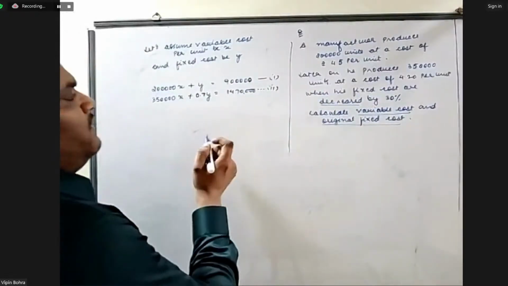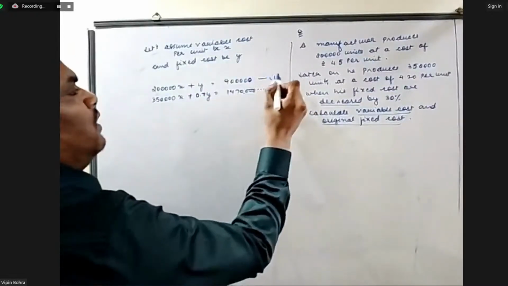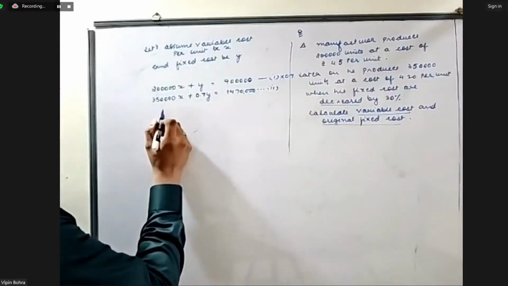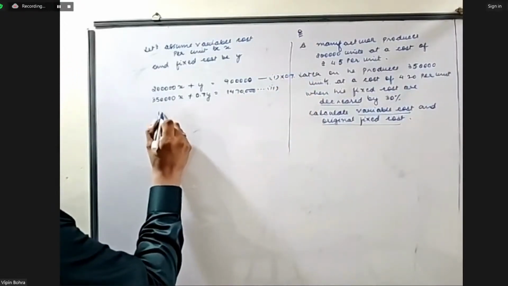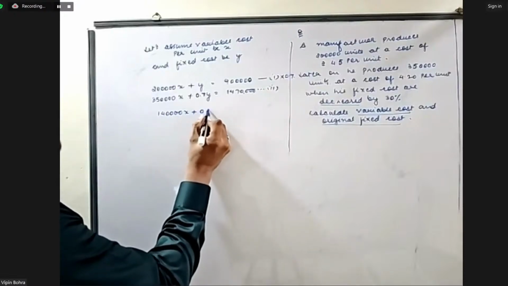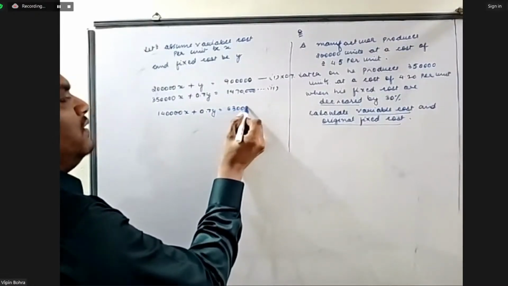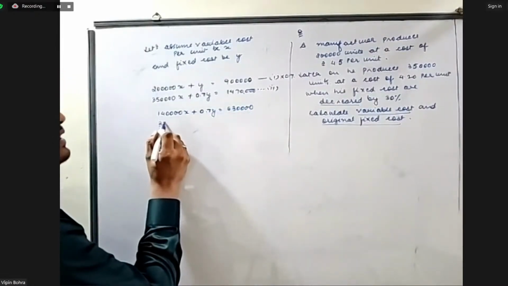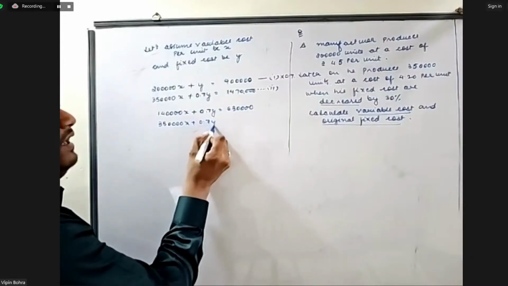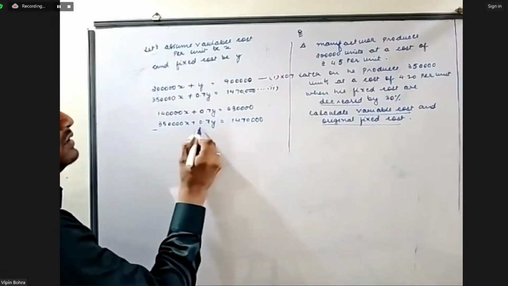So let's equate it. If we multiply equation 1 by 0.7, so this will be 1,40,000 X plus 0.7Y equals 6,30,000. This will be 3,50,000 X plus 0.7Y should be equal to 14,70,000. Changing the sign.